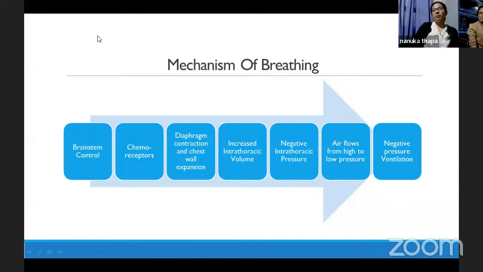Now, if we see the mechanism of breathing. Breathing is an involuntary process. The brainstem controls the breathing. Chemoreceptors give continuous sensory input to the brainstem, from where the stimulus for respiration goes to your phrenic nerve. Phrenic nerve causes the diaphragm to contract, and this leads to a chest wall expansion.